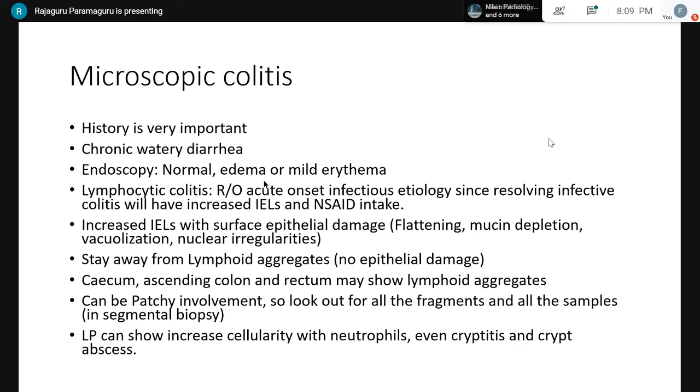Just try to look in for any increase in intraepithelial lymphocytes or increase in the subepithelial collagen thickness. The lamina propria will show increase in cellularity with plasmacytic cells and neutrophils. There can be even cryptitis and crypt abscesses.